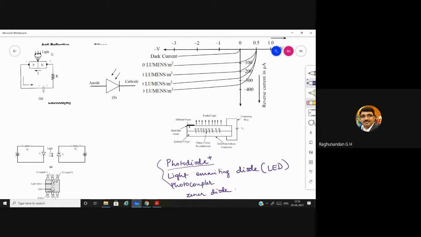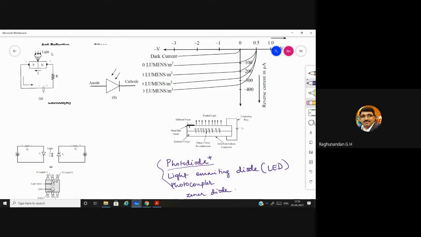So now our intention is to excite those charges such that they start moving. That movement is going to give the current equivalent of the light falling on the depletion region. And you know that light is a form of energy, in the form of tiny packets of energy called photons.